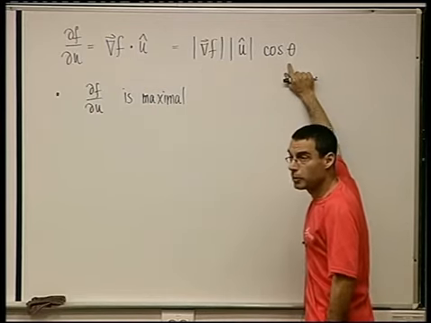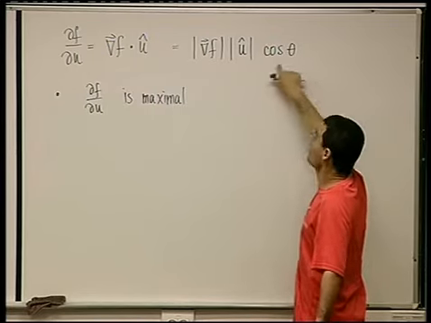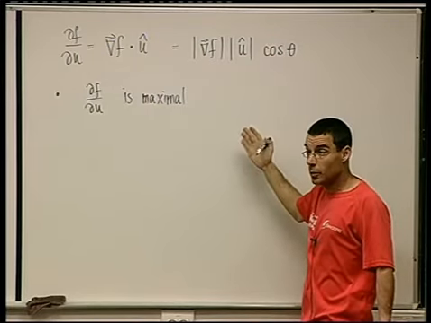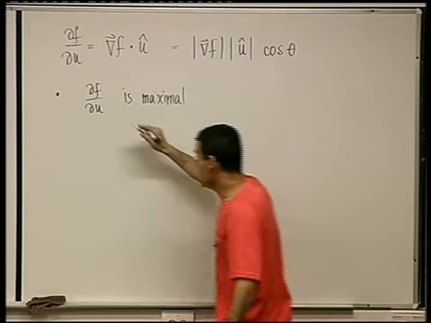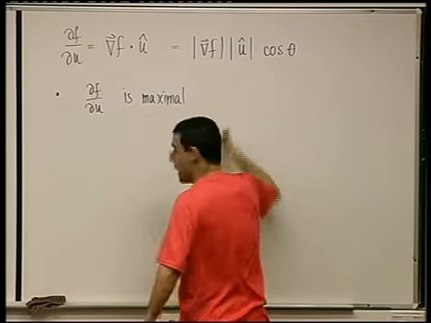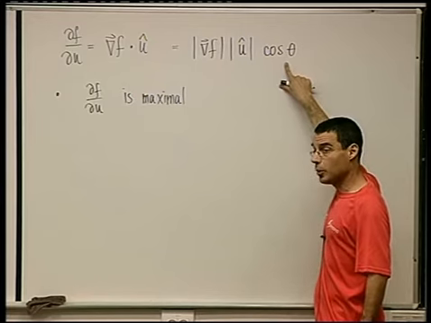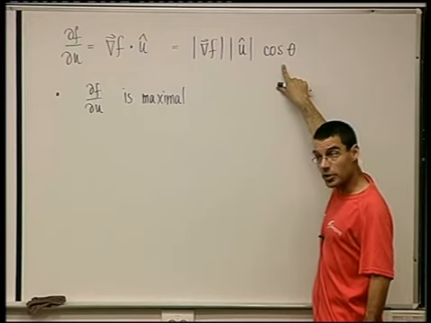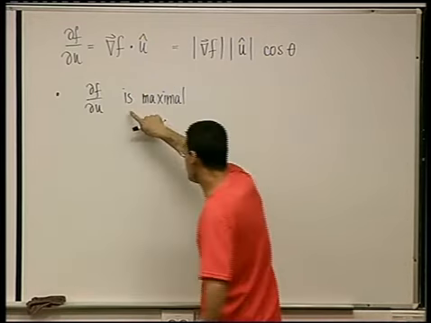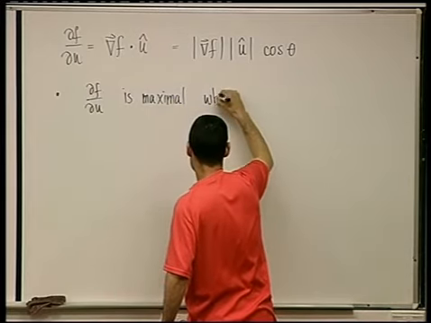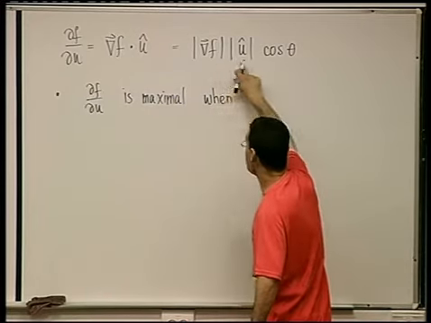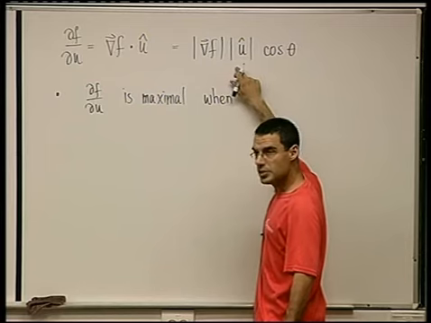When cosine theta is maximal. What's the maximal value cosine theta could be? 1. And for which angle is cosine theta 1? For the 0 angle. So df/du is maximal when the angle between these two is 0.